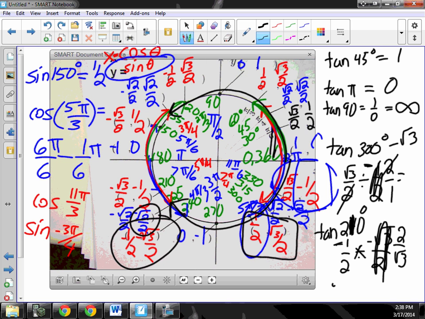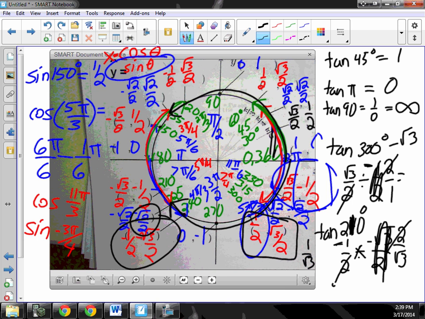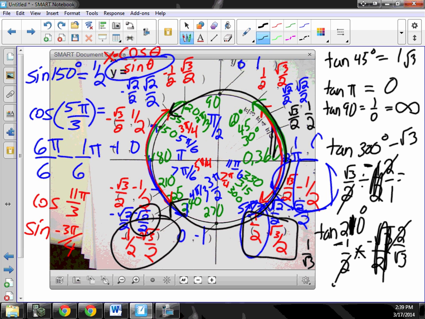Now we multiply. The 2's cancel. What am I left with? Well, the negatives cancel. So 1 over root 3, but that's a problem. You times by root 3 over root 3, and we end up with the square root of 3 over 3. I don't know how I just did that.